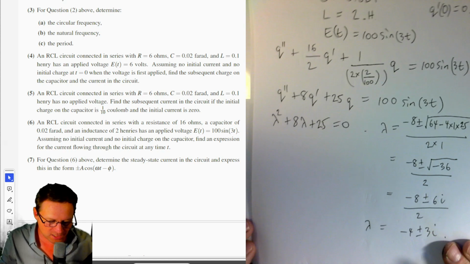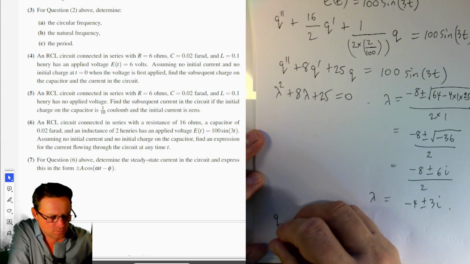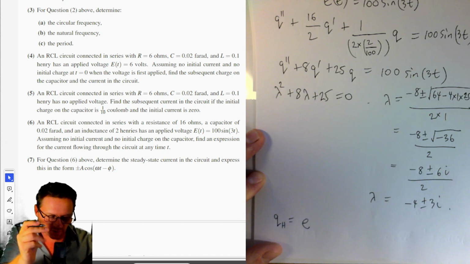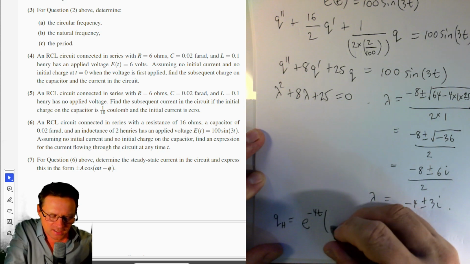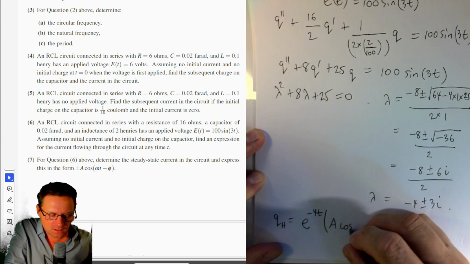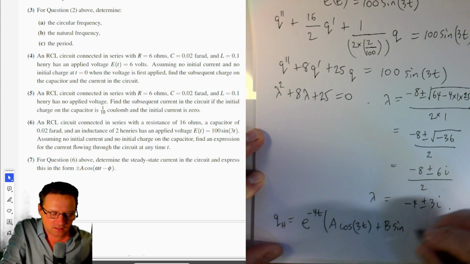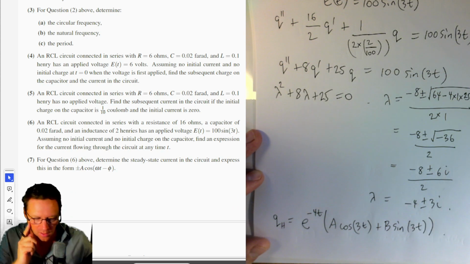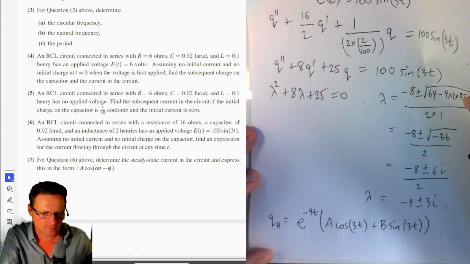Okay, so now we can write down our homogeneous solution. So Q homogeneous is e to the power of the real part times t, so e to the minus 4t, then in brackets a cos of 3t plus b sine of 3t. Okay, so now for the particular part, and I think we should get another page for this.